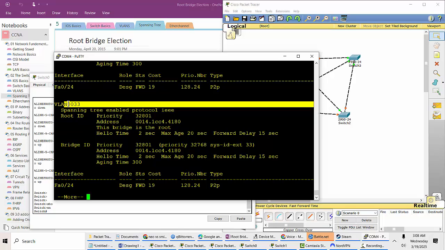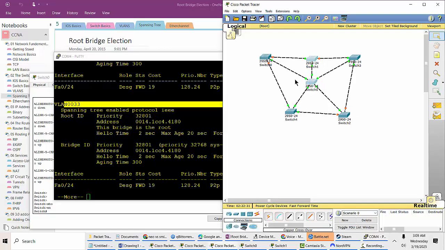Now, I have to emphasize this. Spanning tree on a Cisco device is on a per-VLAN basis by default. Yes, that means that for VLAN 1 this could be my topology, and for VLAN 2 I can have a different spanning tree topology.